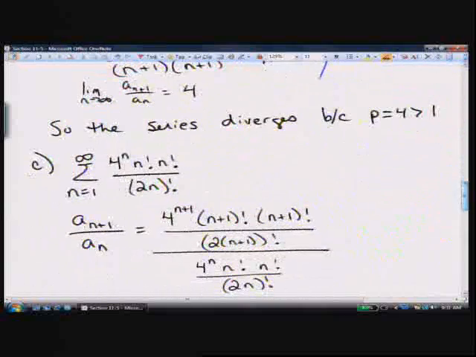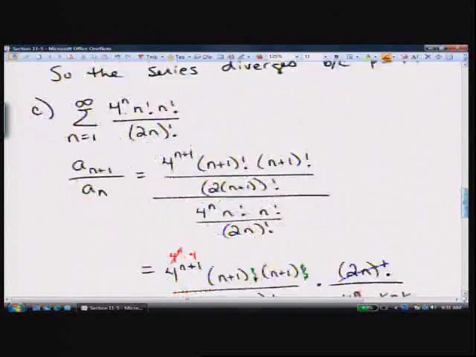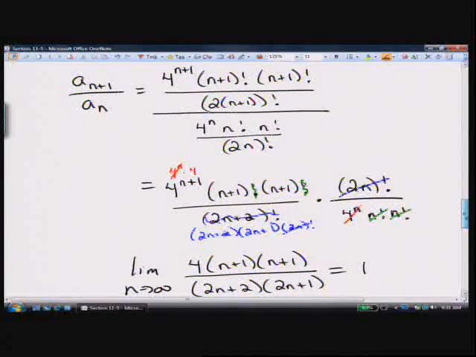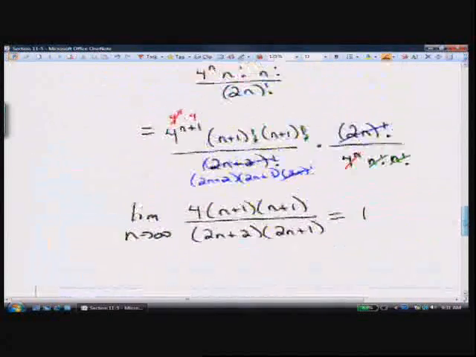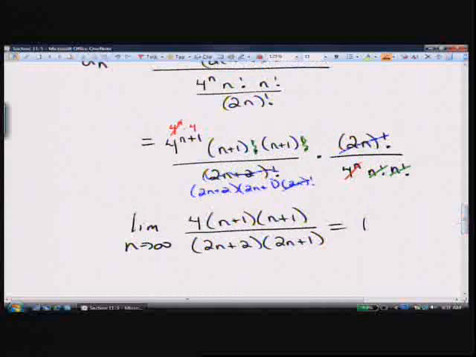I wonder if you could, I'm trying to see if you could see it sooner. So they're saying when we notice that a to the n plus 1 over a to the n, okay.